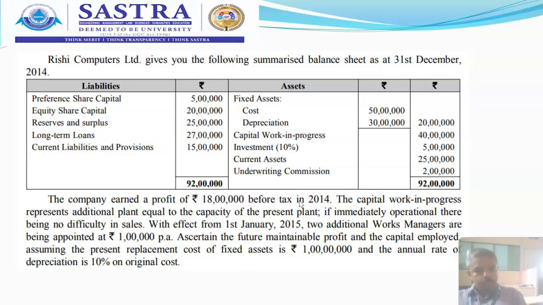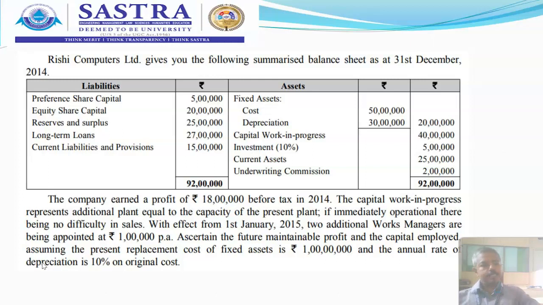Then goodwill is equal to the number of years of purchase multiplied by the average trading profit. The average profit means just take a few years' profit and divide by the number of years. In this way you can calculate the goodwill.